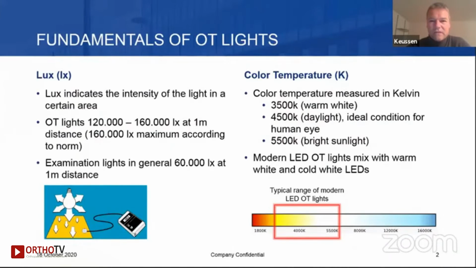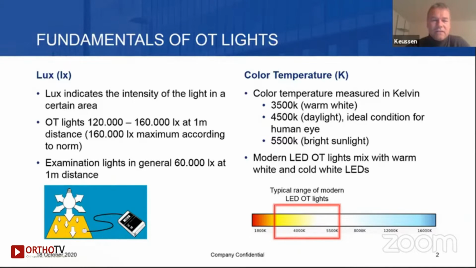Let's just start with a couple of physics. What you see in the brochures, for example, for lights for decision making. First of all, the most important thing definitely is lux, which is the indication of the intensity of a light in a certain area.